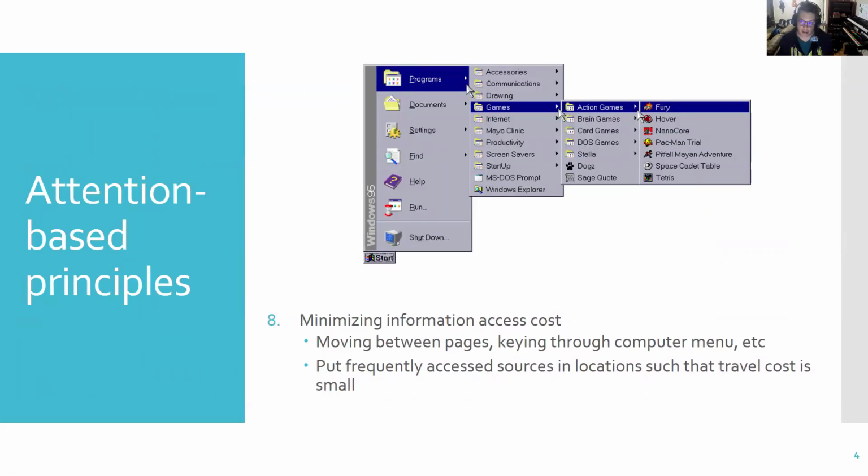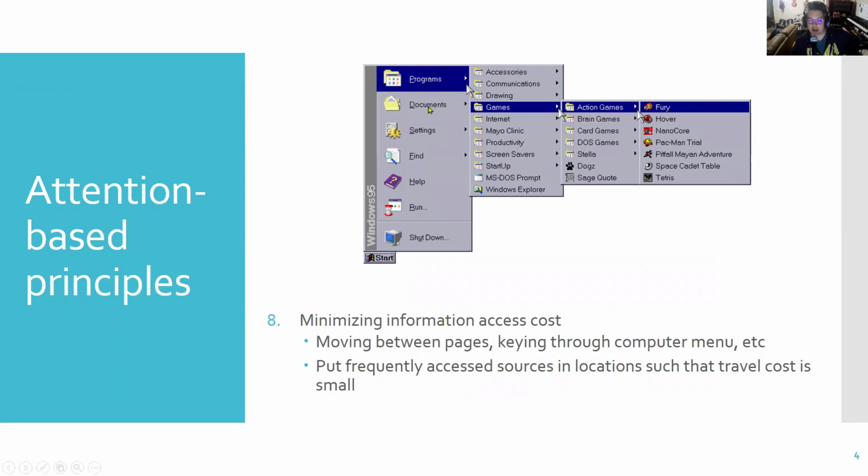All right. So principle number 8, because the previous 7 were covered in 4.2.1, is about recognizing the limitations in attention and the fact that attention is costly to spend. And so we want to minimize the number of things we have to process and decisions that have to be made to get to our target here.